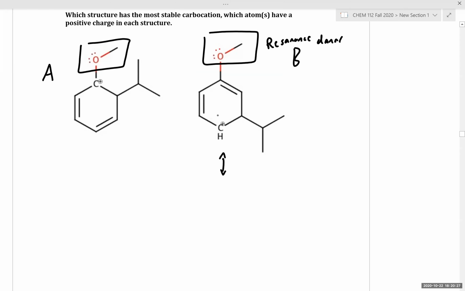I'll chip in and I'll provide one resonance structure for structure B. Does anyone have any other resonance structures drawn or any other proposals for the lowest energy carbocation in this pair?